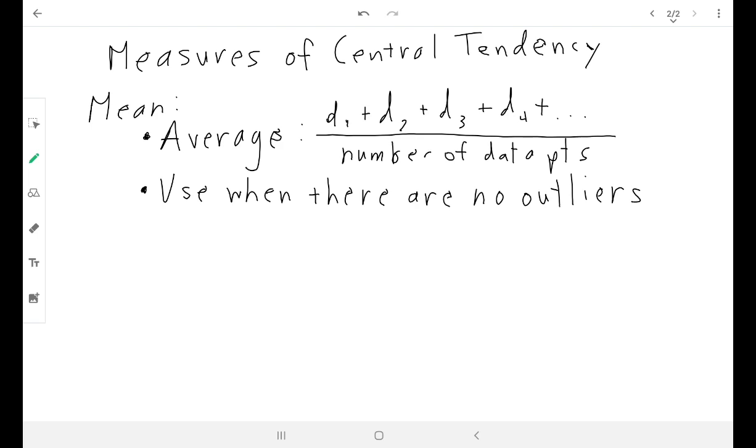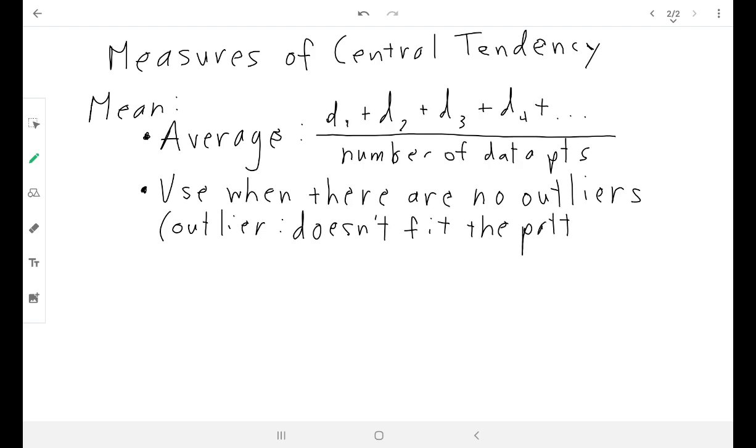Okay, and if you remember an outlier, if you know what that is, great. If you don't know, an outlier is a piece of data that doesn't fit the pattern.